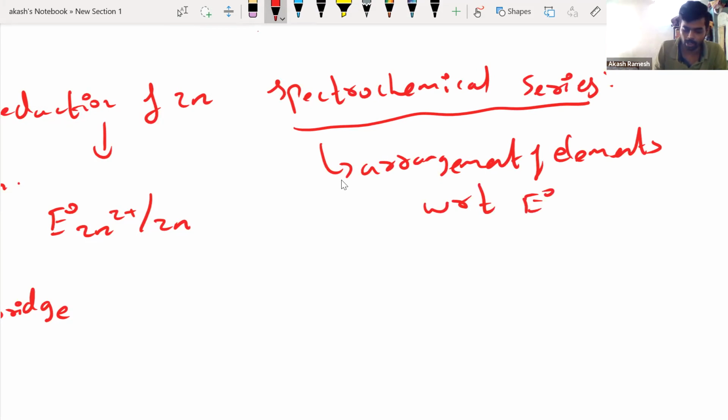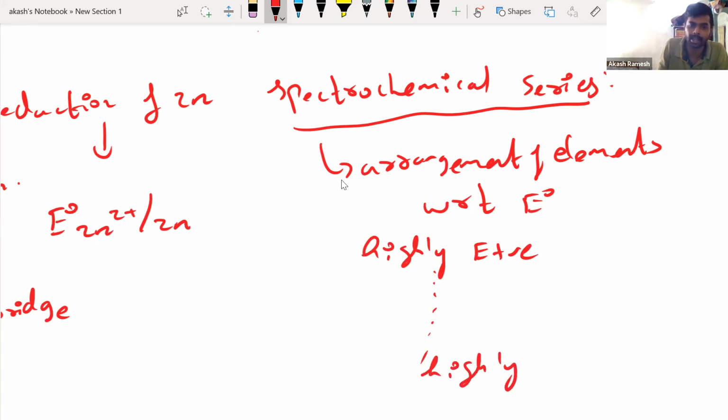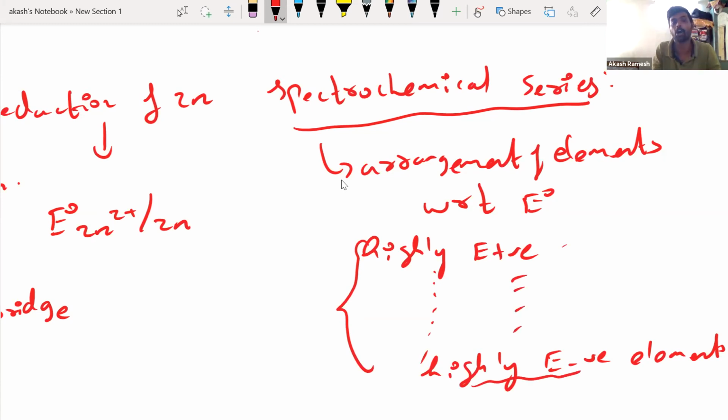You start with highly electropositive elements, and down, down, down you go, and eventually you end up with highly electronegative elements. This arrangement goes from one element, second element, third element, fourth element, fifth element, and at last you will have the most electronegative element. And all this is not with respect to electropositivity and electronegativity, it is with respect to the E naught value.